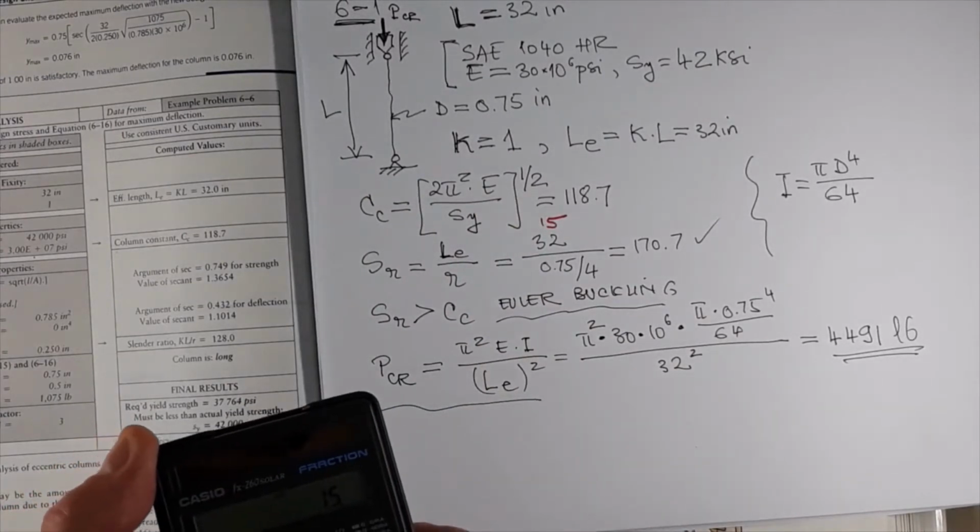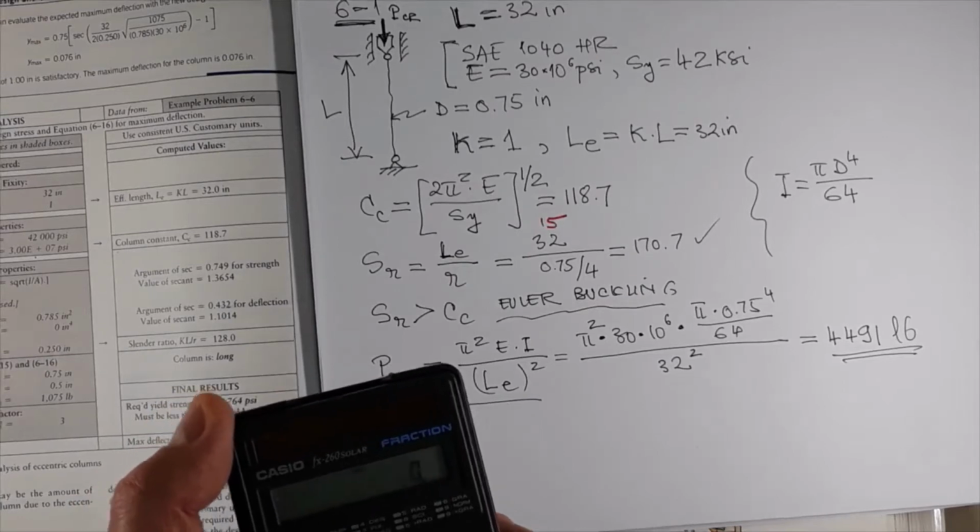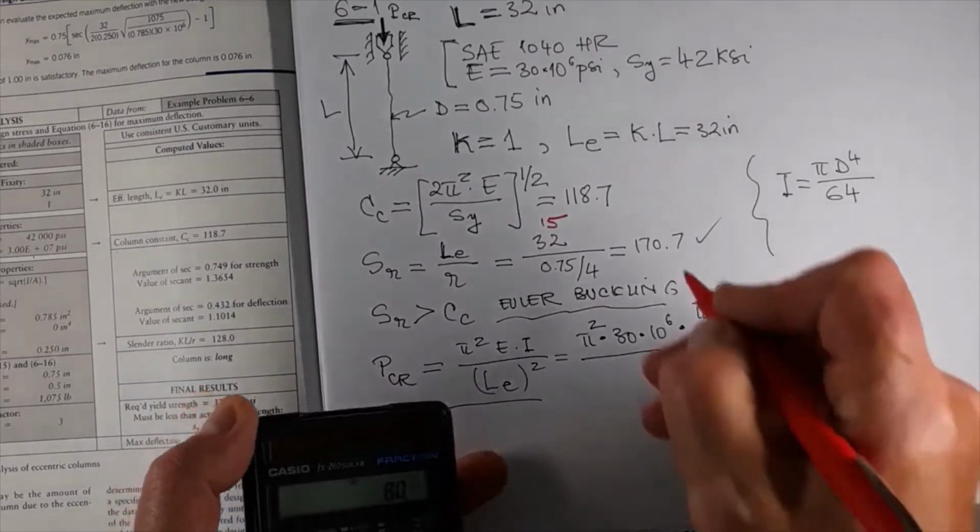So 15 times 4 over 0.75, and this is 80.